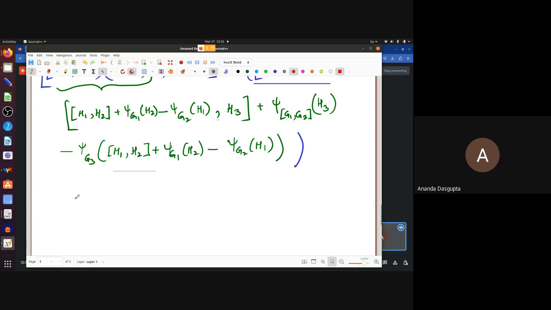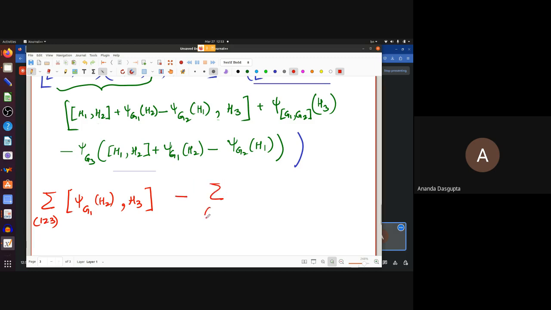What we have is psi g1 h2's bracket with h3. Sorry, Lie bracket, not a commutator bracket necessarily. And I'm going to write 1, 2, 3 in a round bracket here just to indicate that I'm going to cyclically permute 1, 2, and 3.